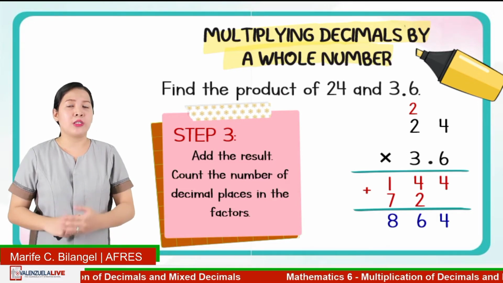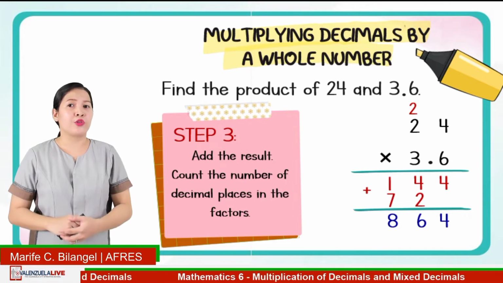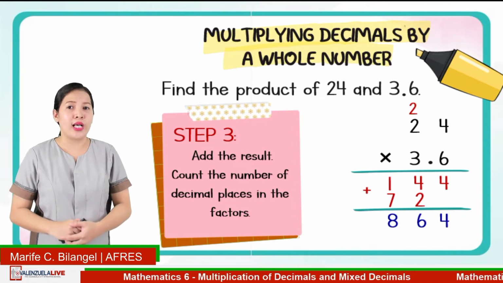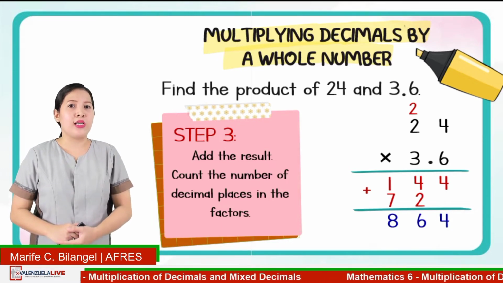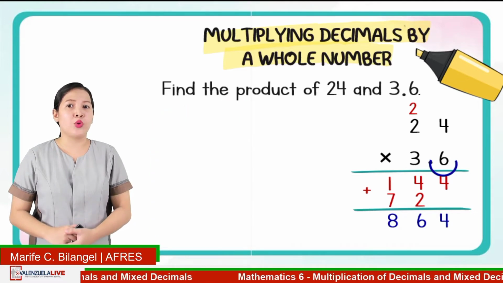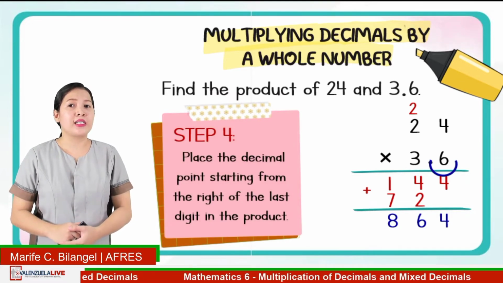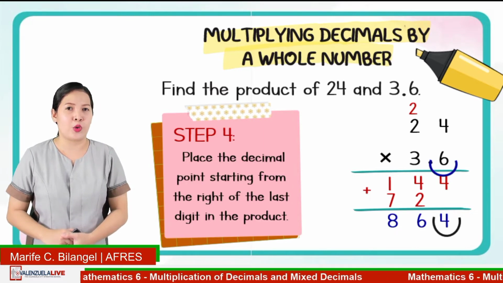Since we are multiplying decimals by a whole number, we must not forget to count the number of decimal places in the factors. So the factors have 1 decimal place. So we have to place the decimal point starting from the right of the last digit in the product.